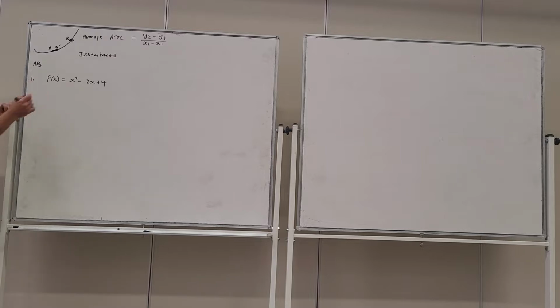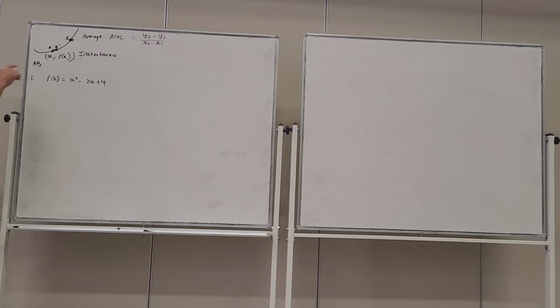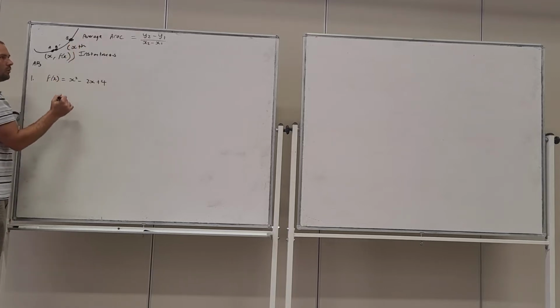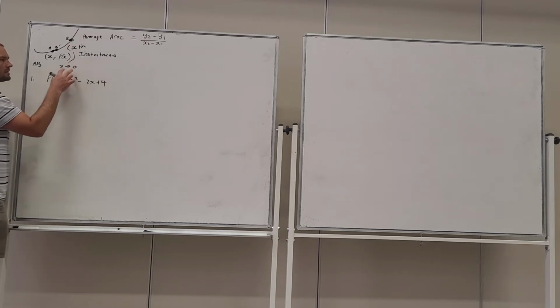That's what we're doing in first principles. Let's imagine that we're at point A and it has coordinates x and f of x. They're the coordinates of point A: it has some x value and some y value. Then point B we're going to say is really, really close to point A. In fact, it has coordinates x plus h, where h is approaching 0.